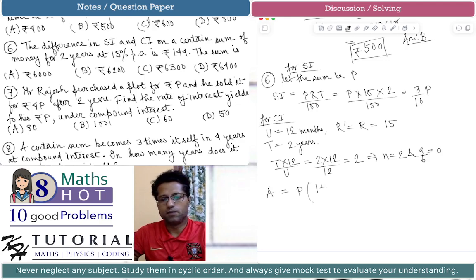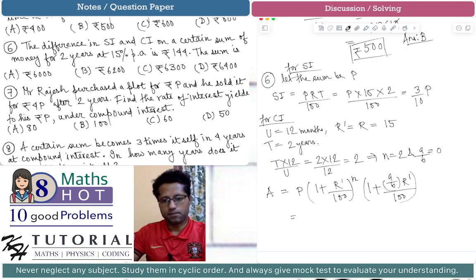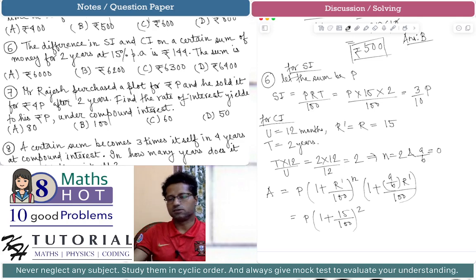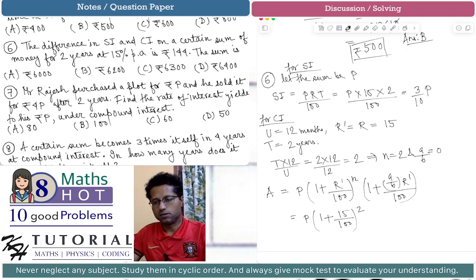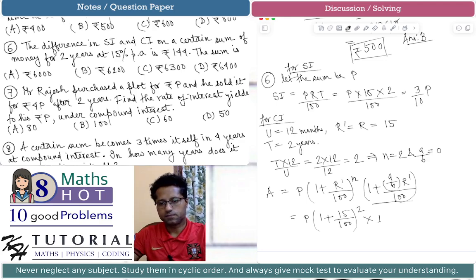multiplied by 1 plus R dash, this is the general formula, whole to the power small n, and then multiplied by 1 plus a by b R dash by 100. Now this becomes P into R dash is 15, so 1 plus 15 by 100, n is 2, and since the fraction part a by b is 0, this whole part will be 1.